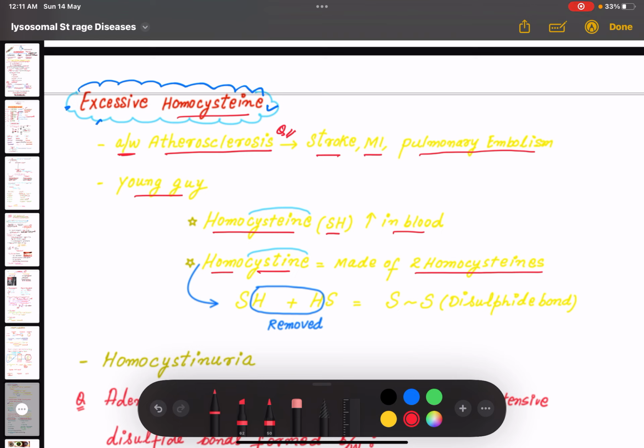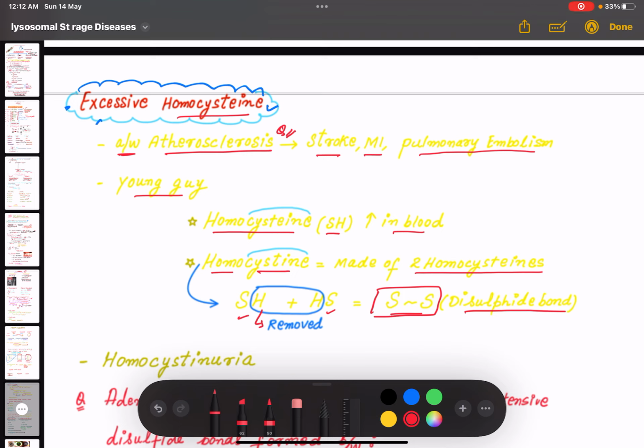It means it will be having two sulfhydryl groups, that is SH and SH. Okay, but once the homocystine is formed, what is going to happen? This SH and SH will combine, and the two hydrogens are removed in the form of water. Okay, and there will be the bond like this. The bond between sulfur and sulfur is a disulfide bond.